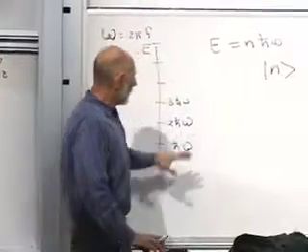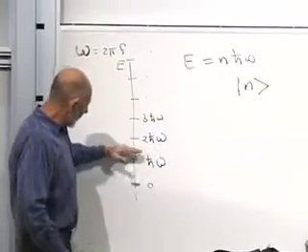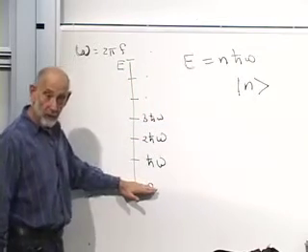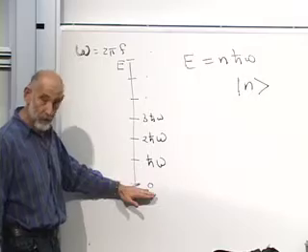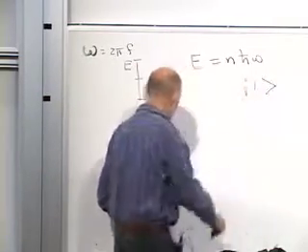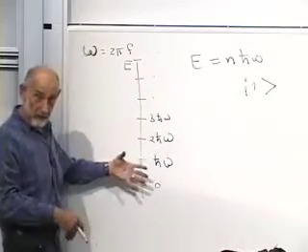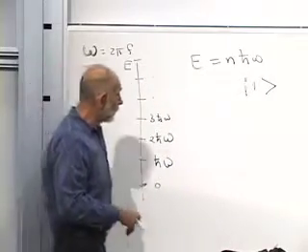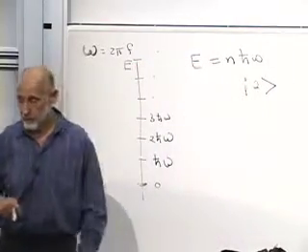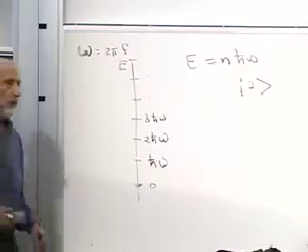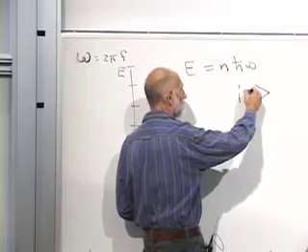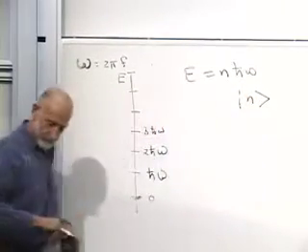But this is a symbol representing, if you put n equals 0 here, the state of the oscillator where it's in its ground state. Ground state means the lowest energy state. If you put a 1 here, it represents the oscillator oscillating with 1 quantum of energy, 1 unit of energy. You put a 2 here, it represents the oscillator with 2 units of energy, and so forth. Right? So it's just a convenient notation for labeling the various possible configurations of the quantum harmonic oscillator.